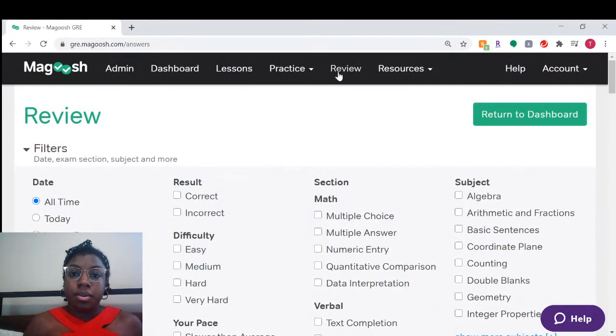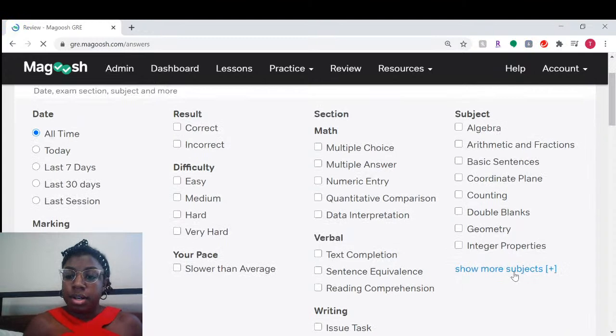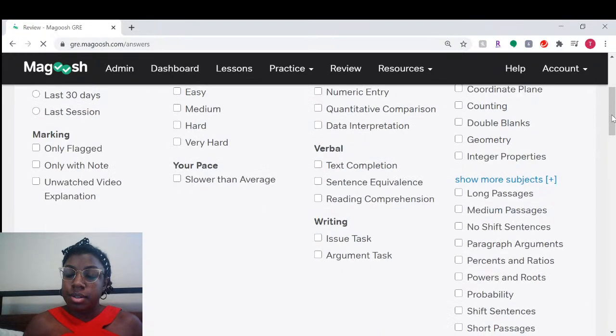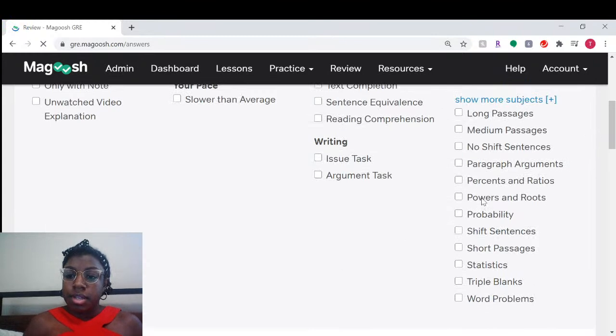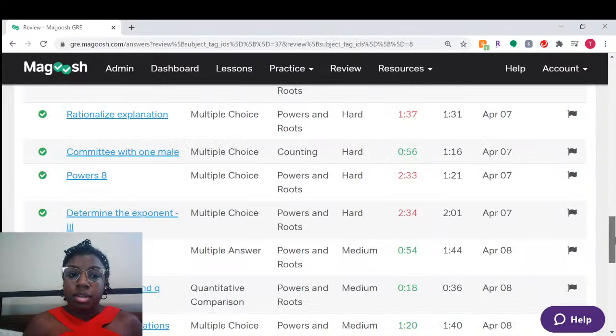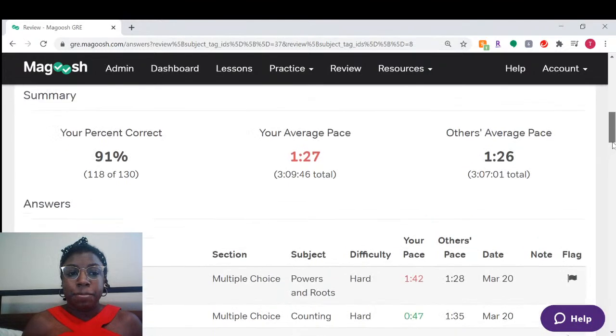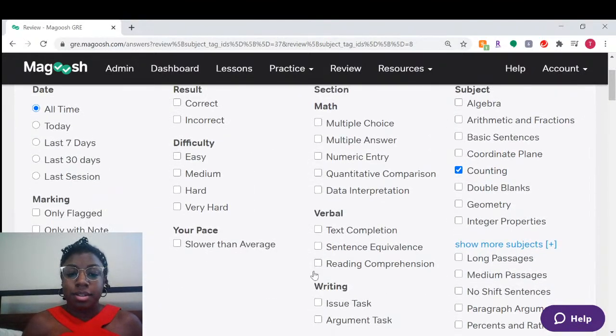You can go to your account, click Review, and filter by which subject you're interested in, say powers and roots, and see what percentage of these questions you've gotten correct. And you can do that for every topic.